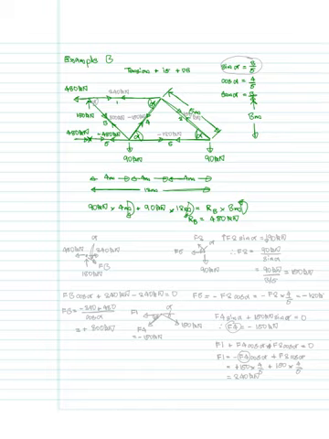Okay, so now let's look at member 2, and let's do method of joints. So we've got 90 kilonewtons downwards, we've got a force which I'm going to call F6, and then we've got force going upwards which I'm going to call F2.